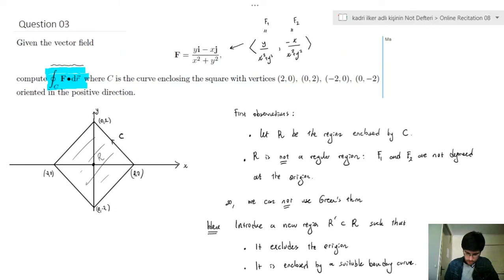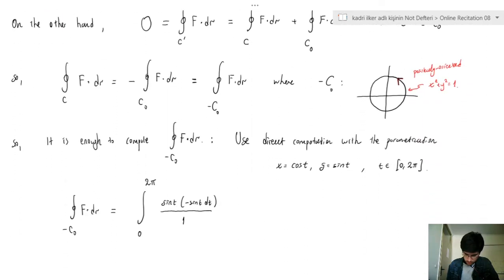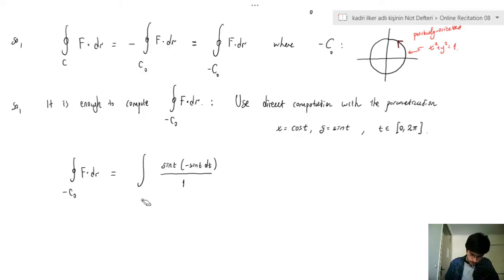Let me go back here. Maybe I should write it down to avoid confusion. So this is y over x squared plus y squared dx, and minus x over x squared plus y squared dy. Okay, so this is the question, basically.